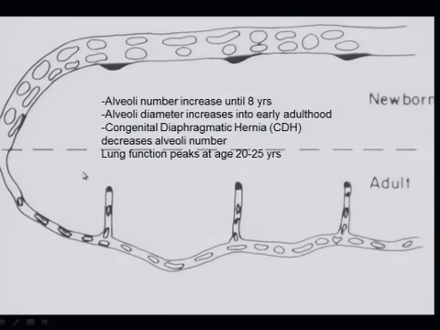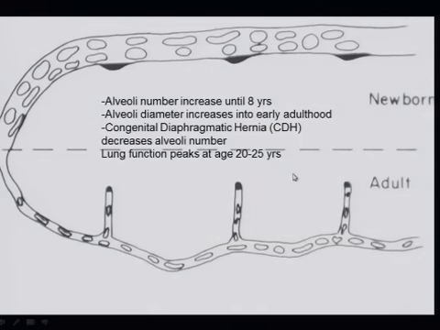So during development, you can slow development, you can hinder development, and then therefore when you do reach adulthood, 20 to 25 years of age, your lungs are not as good as they could have been had you not been exposed to a variety of other things that have impinged upon proper development.